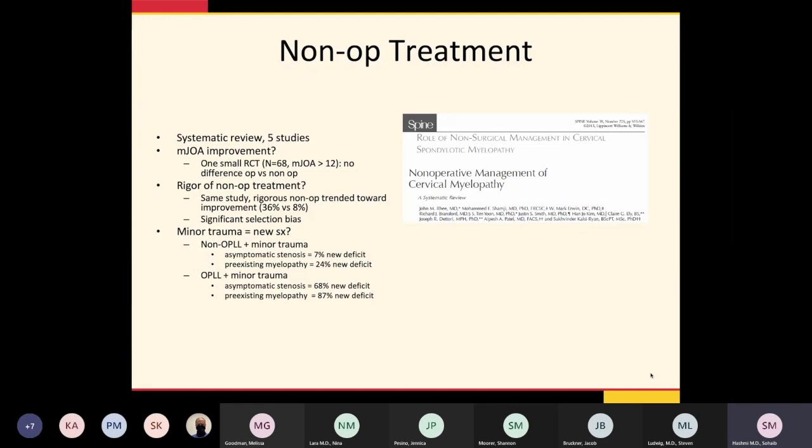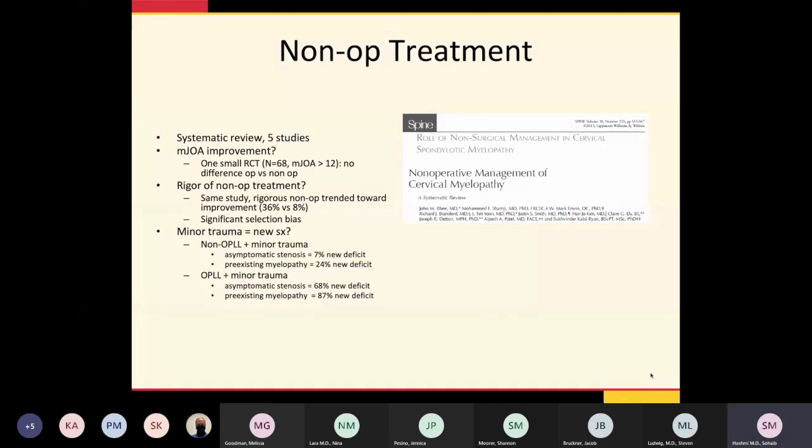A systematic review of 5 major studies showed that there's no difference between operative and non-operative treatment with a modified Japanese Orthopaedic Association score of more than 12. Again, below 8 would be severe, so these are moderate to mild patients that were treated with operative versus non-operative management.